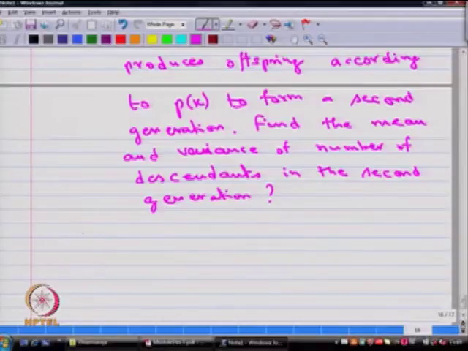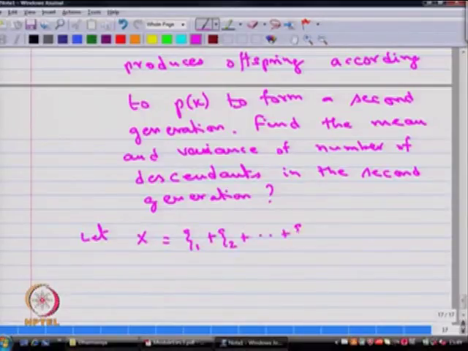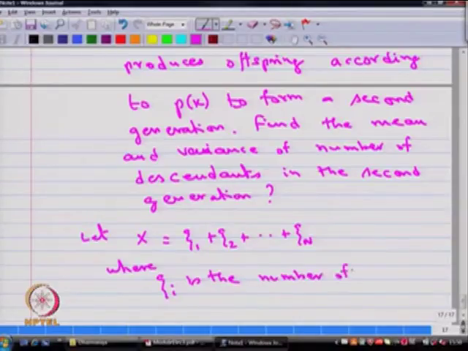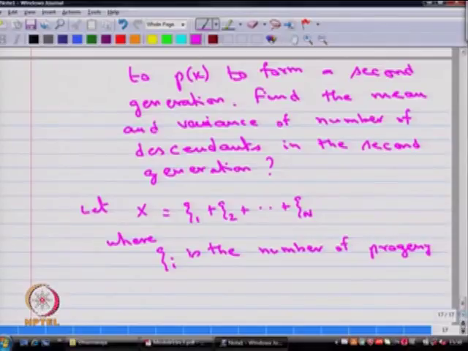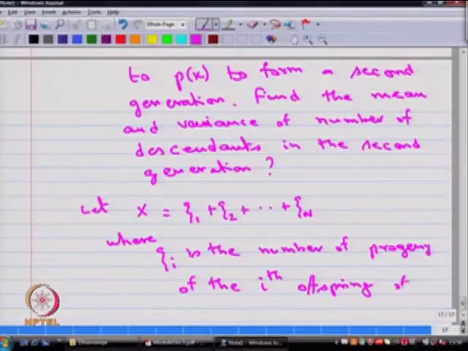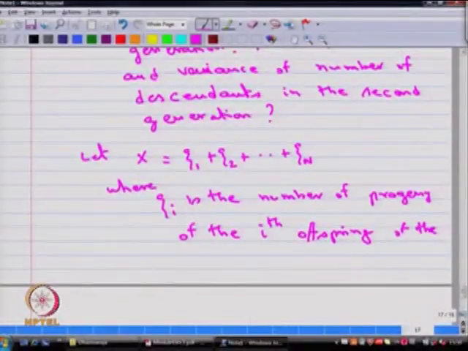Let capital X be psi 1 plus psi 2 plus psi suffix capital N, where psi i is the number of progeny of the ith offspring of the original parent.